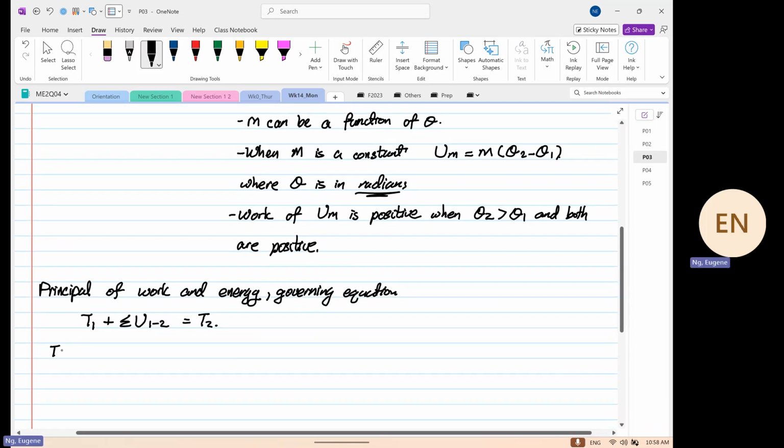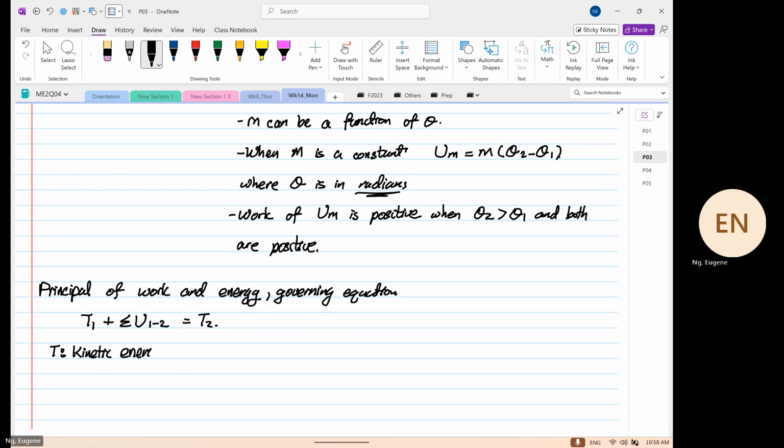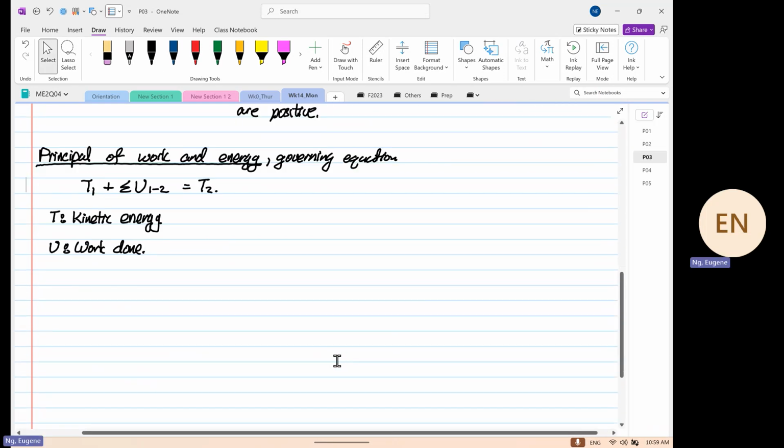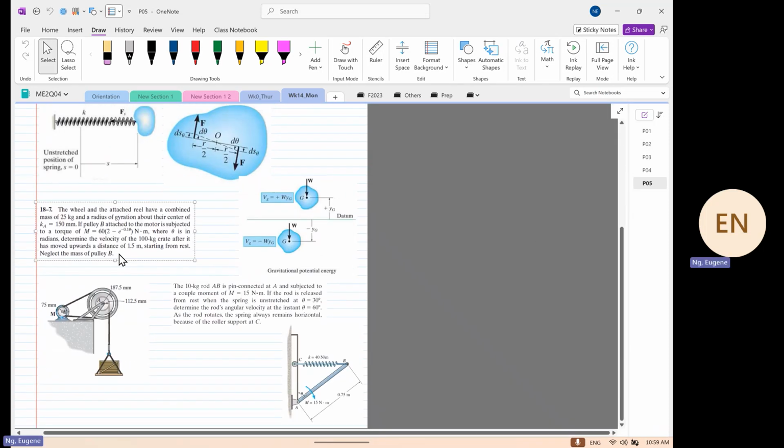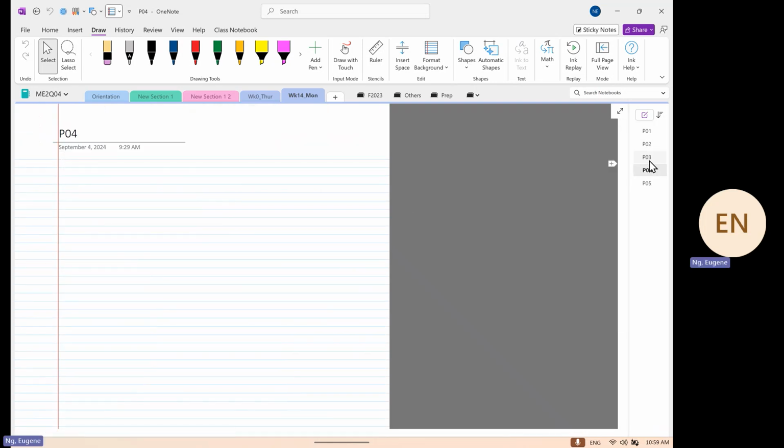As you can see, T represents kinetic energy, U represents the work done. If you have to remember anything, this is a good thing to remember. So we're going to solve mechanical systems using the principle of work. Enough of this theory. Let's look at an application, or let's look at a question.